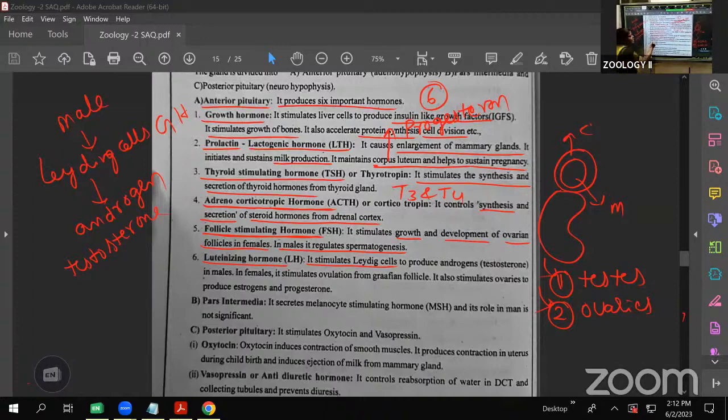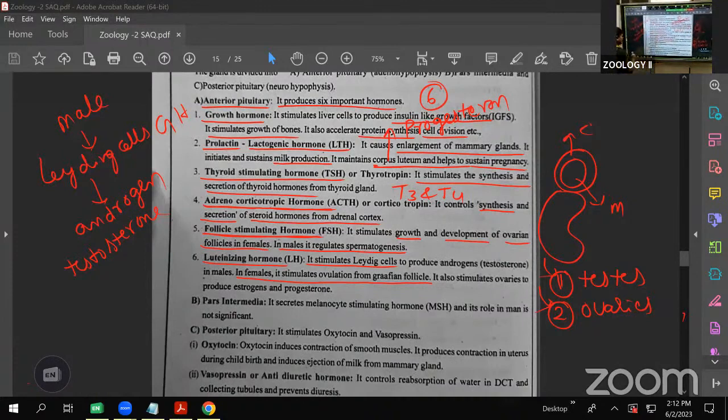Next, in females it stimulates ovulation from the Graafian follicle. Already I said that inside the ovary, differently developed follicles are there.